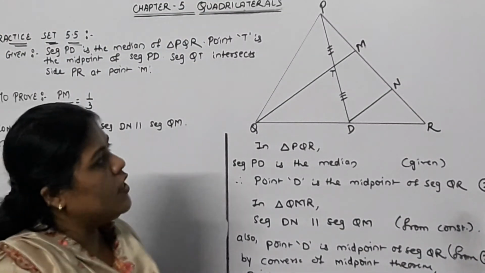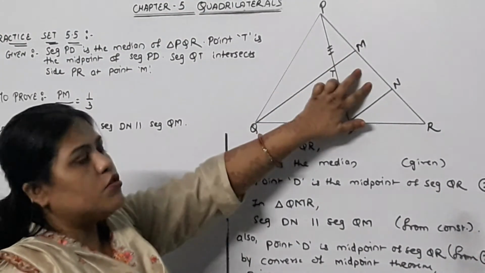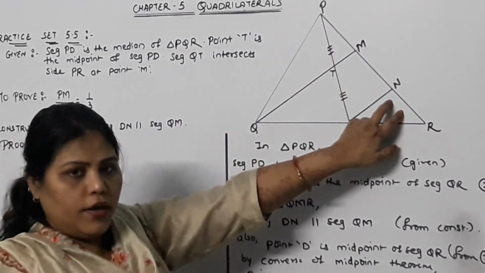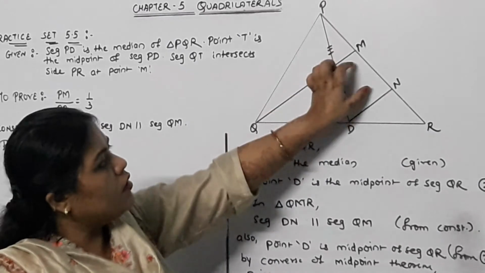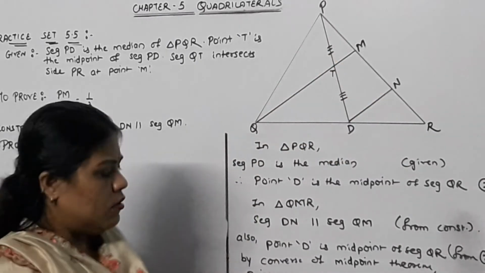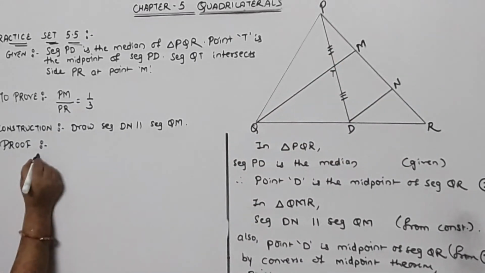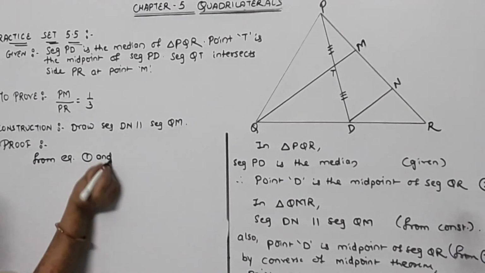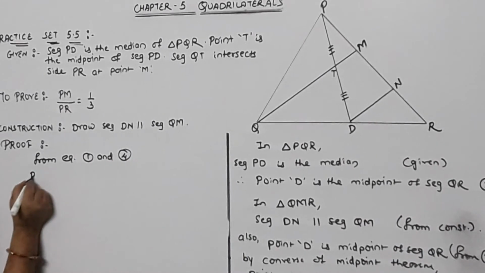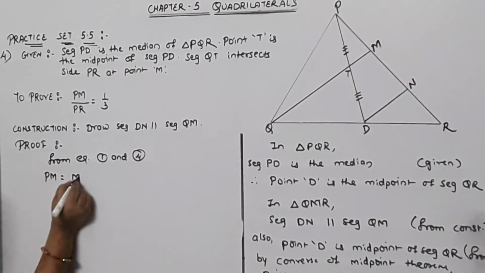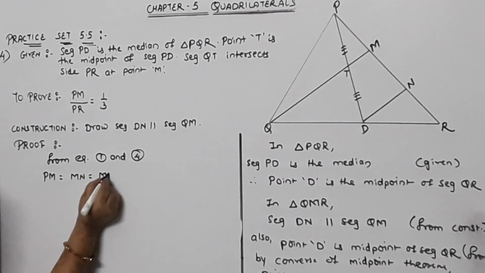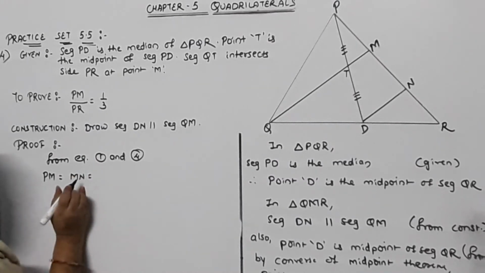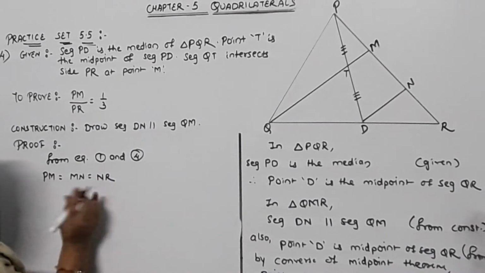Now see, in the first equation we have seen PM equals MN, and equation 4 says that MN is equal to NR. It means all the three segments are equal. So write down from equations 1 and 4, PM equals MN equals NR.